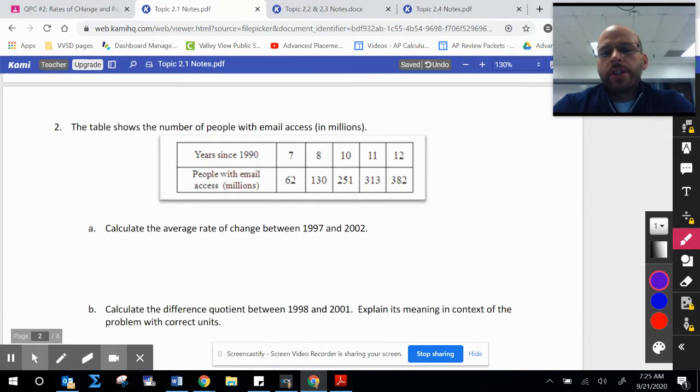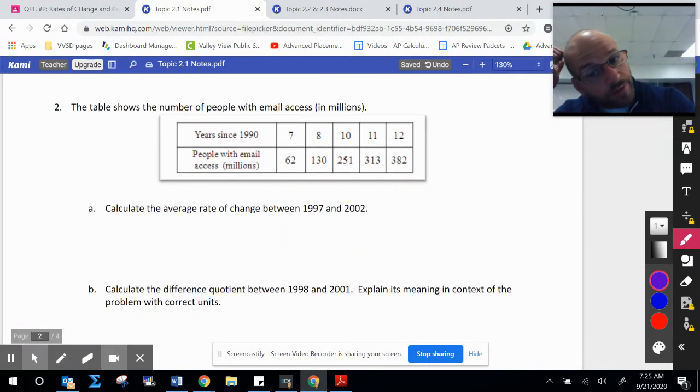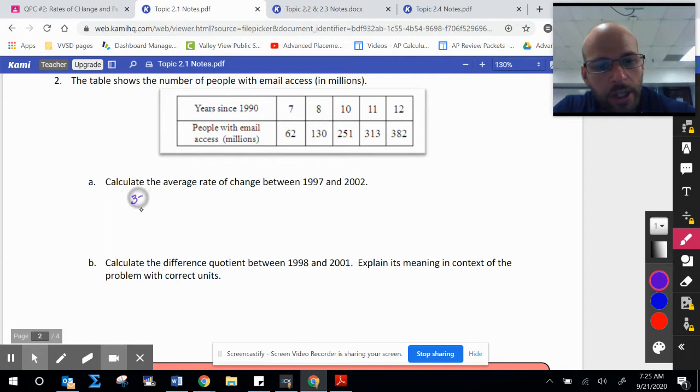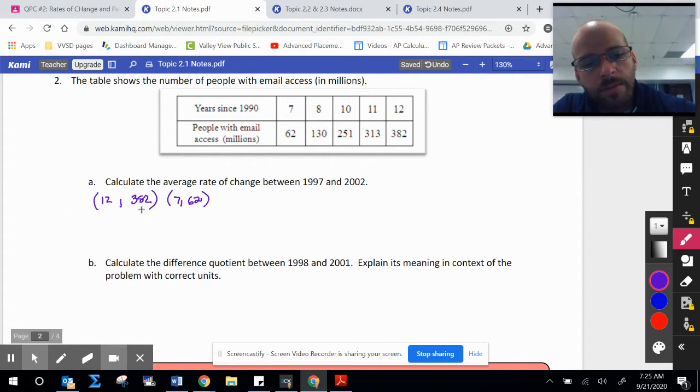So I have a numerical example here, right? The last one was graphical. So if I want to calculate the average rate of change between 1997 and 2002, feel free to pause the video. You can do this on your own. I'm going to use the values of 12 comma 382, and in 1997, that would be 7 comma 62.